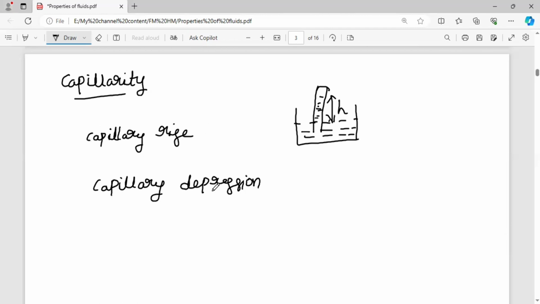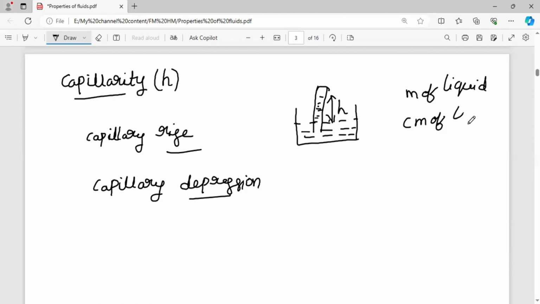If the liquid falls down, it is called capillary depression. The symbolic representation of capillarity is h. Rise or fall means it is a distance, so the units are meters of liquid or centimeters of liquid.